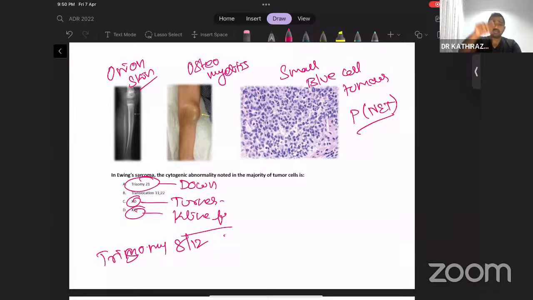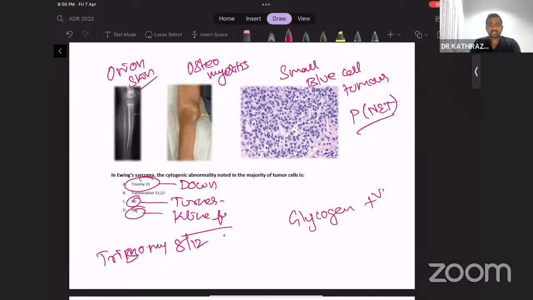Instead of asking which stain you will use to stain glycogen in a pathology slide, I can ask which bone tumor can show PAS stain positive? And I can put Ewing as an option. Then the answer would go for Ewing sarcoma. It is a glycogen positive tumor, right?